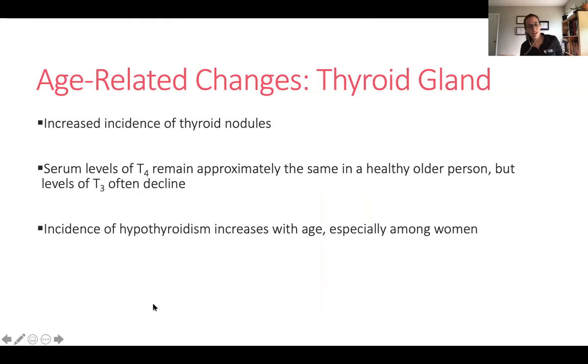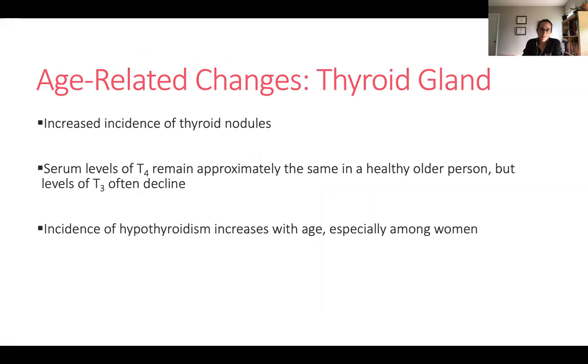As far as age-related changes for the thyroid gland, hypothyroidism increases with age, especially with women. So the serum levels of T4 remain about the same as the person ages, but the T3 declines.